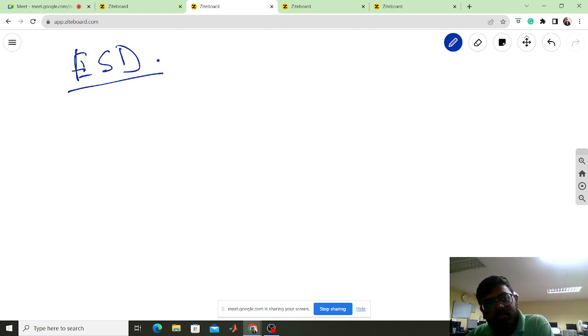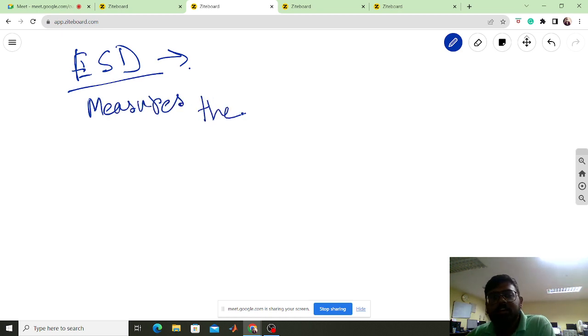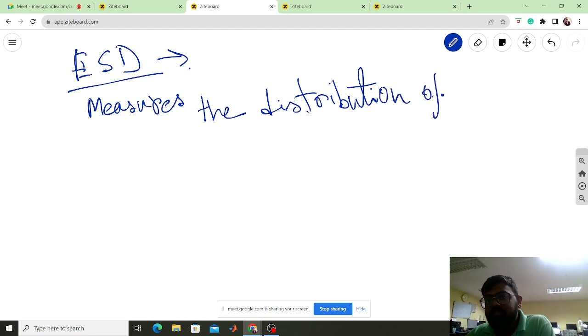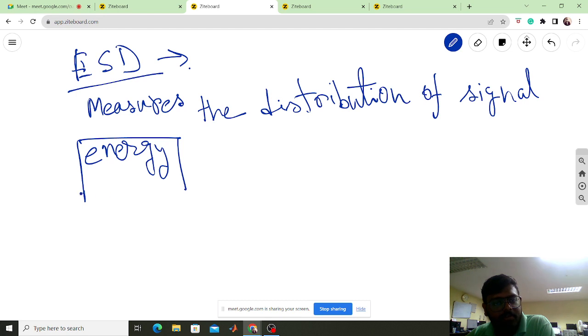If there is an energy signal, this ESD measures the distribution of signal energy. This is the main part for ESD. That is somehow x(t) square dt. This is the energy.